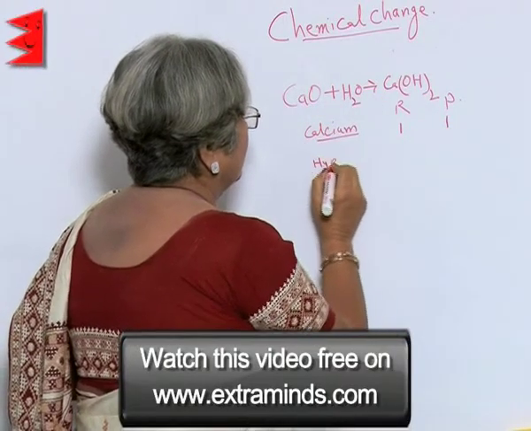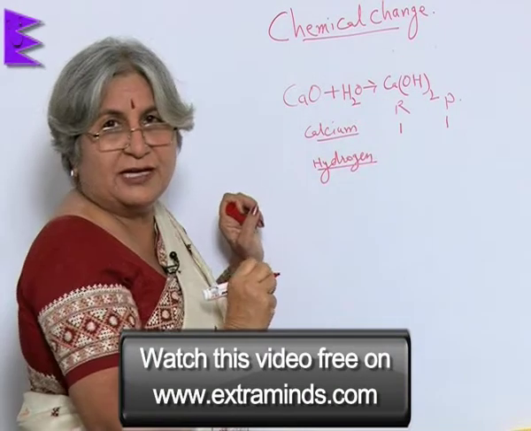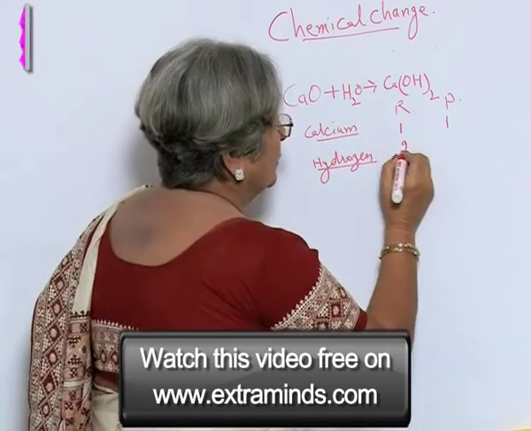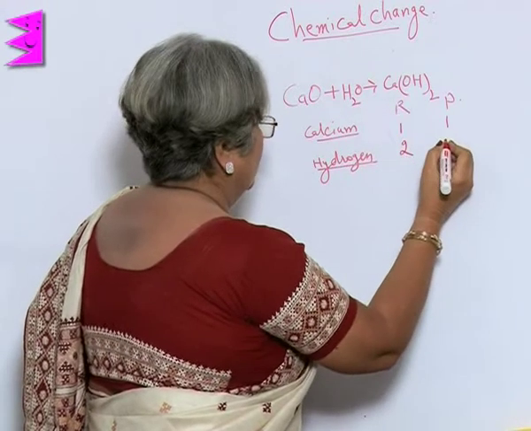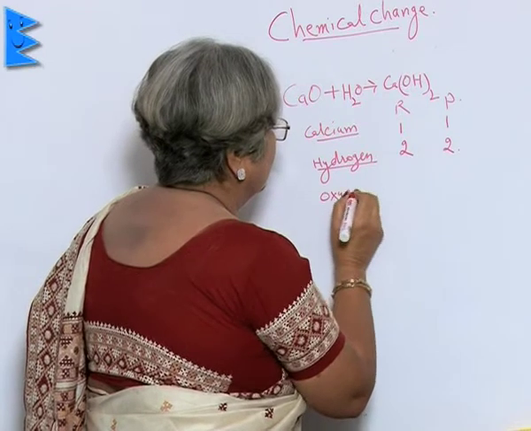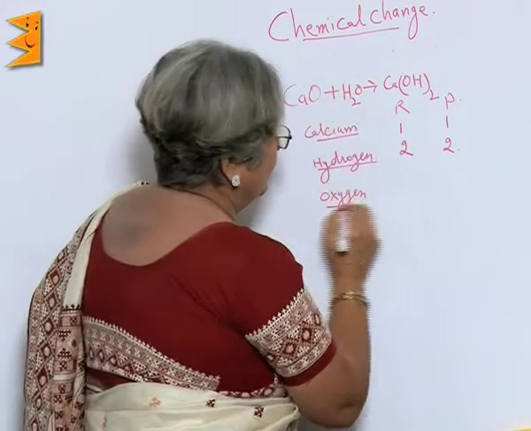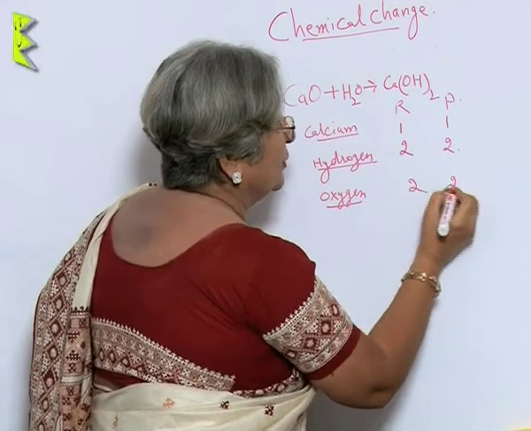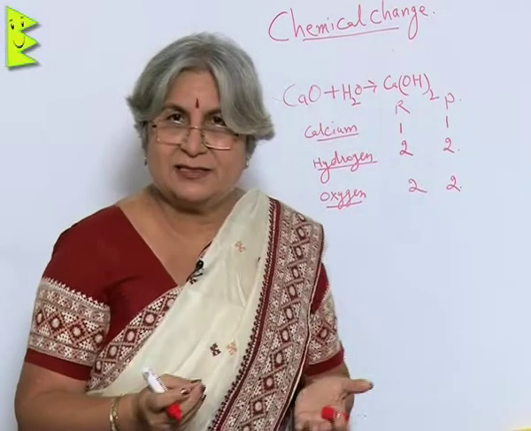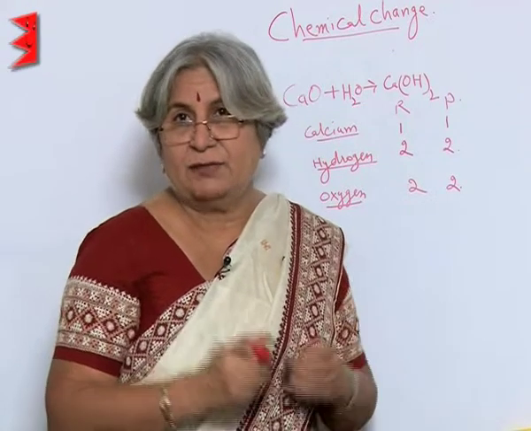Hydrogen, how many hydrogen atoms in water? 2. Here also 2. Oxygen, 1 atom is here, 1 atom is here. So, 2 and 2, which means it is balanced. So, in this case we do not need to balance it.